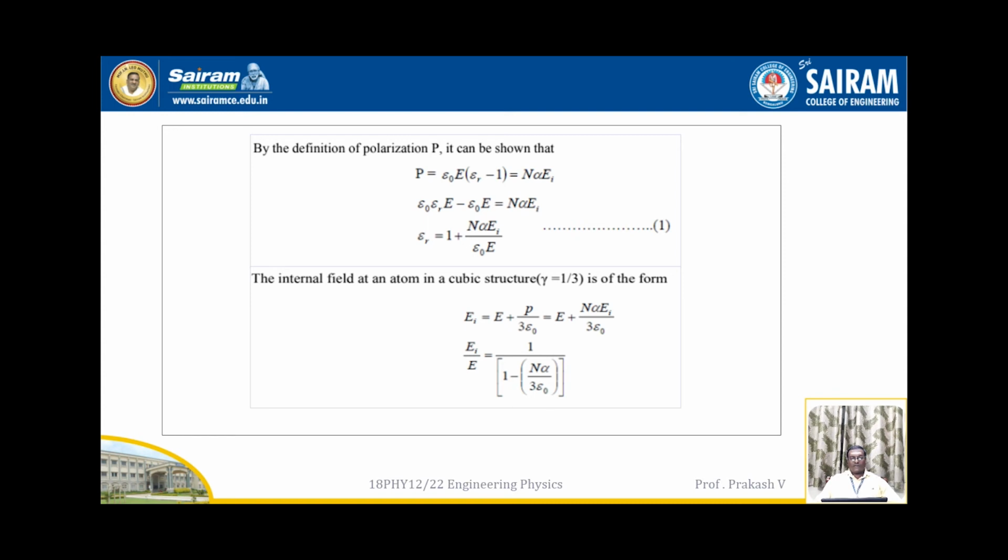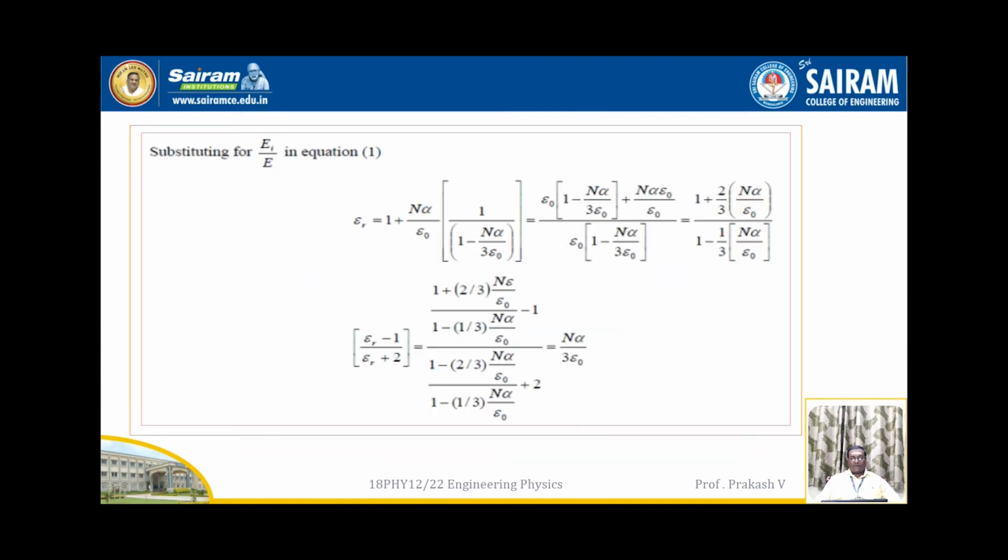So finally epsilon r is equal to 1 plus n alpha into Ei by epsilon naught into E, that is considered as equation number 1. Next, we have to arrive at different equations here, and finally the Clausius-Mossotti relation, that is (epsilon r minus 1) divided by (epsilon r plus 2) is equal to n alpha by 3 epsilon 0, will be derived.